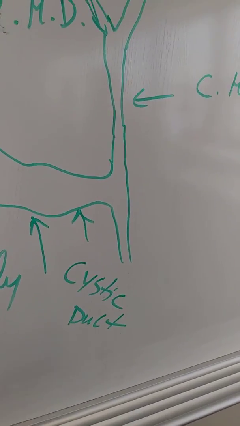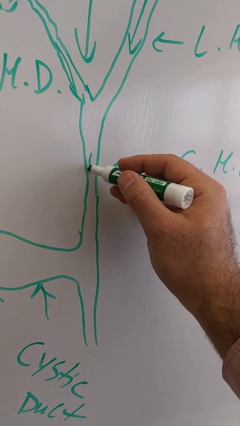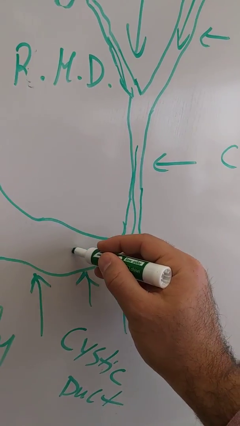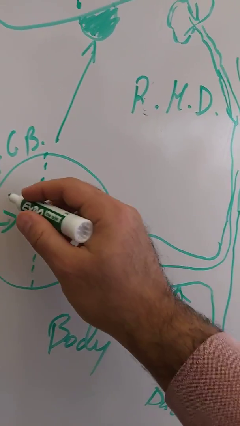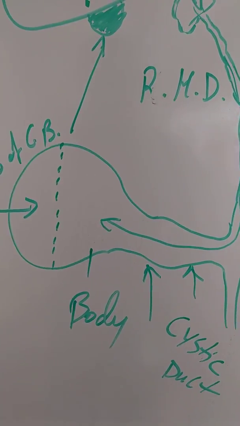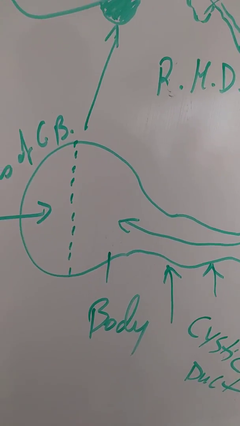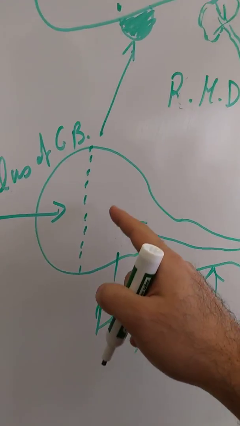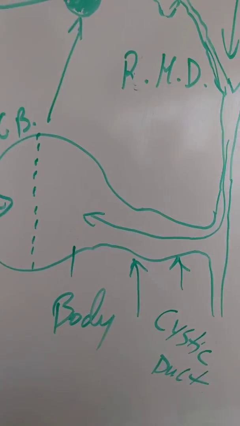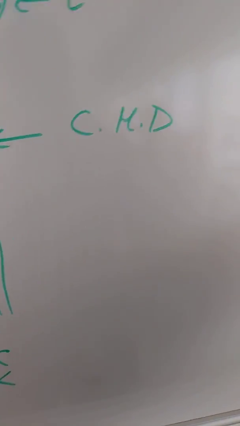So basically the bile flow will pass along with the common hepatic duct, and it will be stored within the gallbladder. Eventually the bile salts will be concentrated and stored, and that's the main function of the gallbladder.